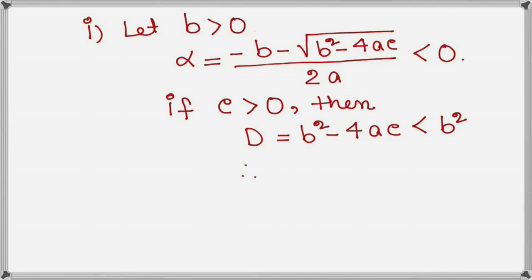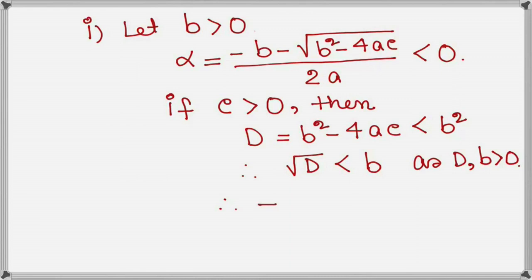So therefore we get that square root of d is strictly less than b, as d and b both are strictly bigger than 0. So therefore from here we can write that minus b plus square root of d is negative.